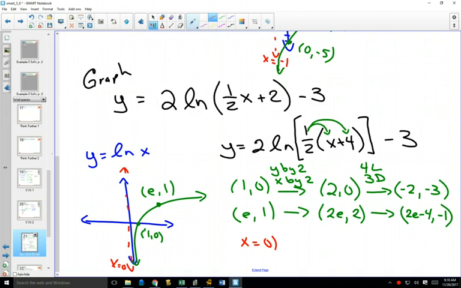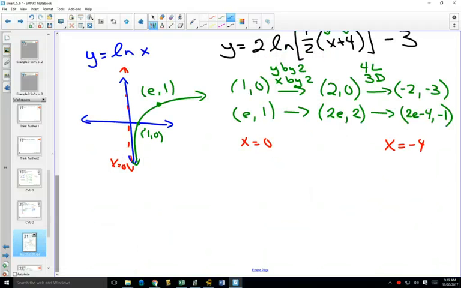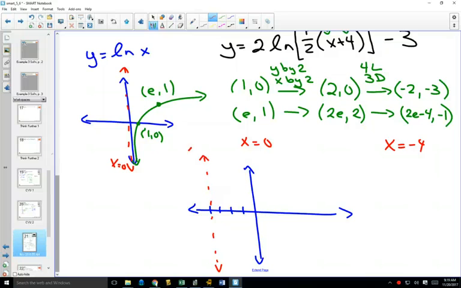The only thing that's going to change your asymptote is if things are shifted left and right. And since we are going 4 to the left, our asymptote is going to be at x equals negative 4. So at this point, we can now sketch our graph. 1, 2, 3, 4 to the left. Start with our asymptote at x equals negative 4. Label our points.